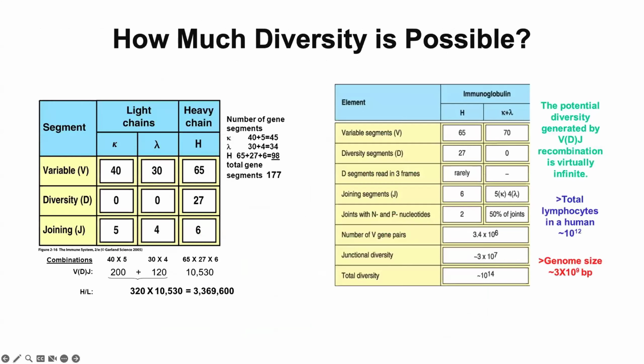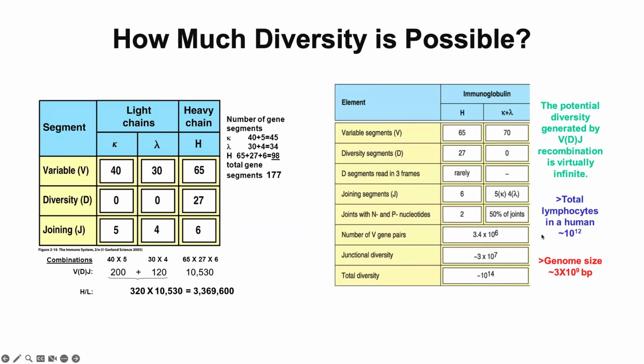or antibody genes. And just to give you an idea of the amount of diversity that we can generate with these two approaches, it's estimated that we can generate a total potential diversity of 10 to the 14th. 10 to the 14th possible combinations is what we would be able to generate using these approaches.